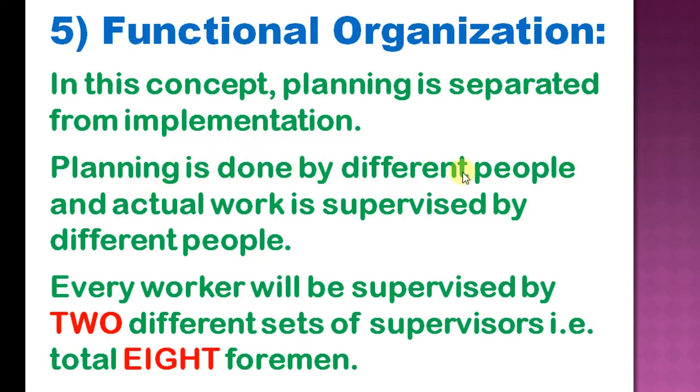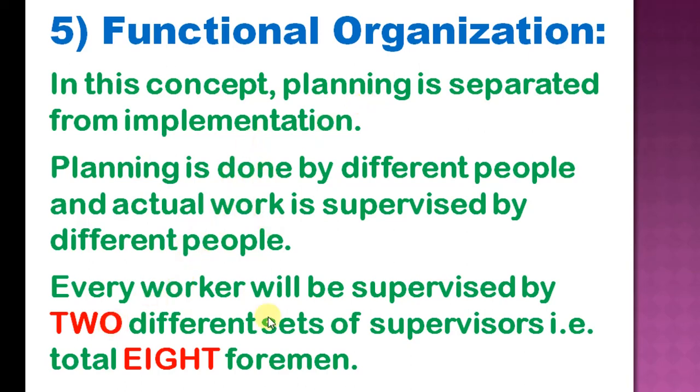The planning will be done by different people and the actual work will be supervised by different people. So there will be a total of 8 foremen, and these 8 foremen will work in two different sets. In one set there will be 4 foremen and in the second set there will be another 4 foremen.